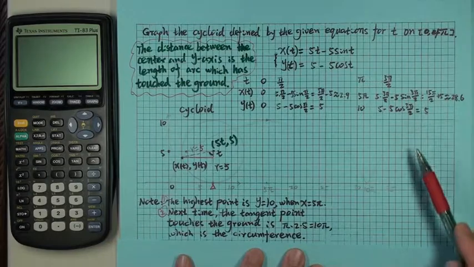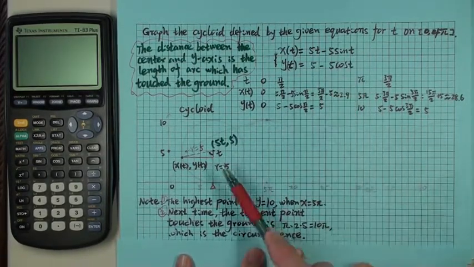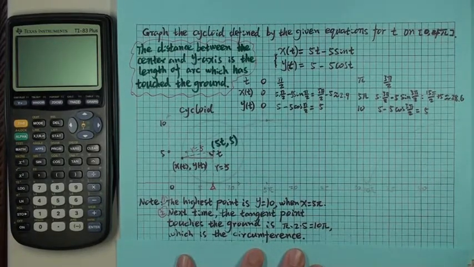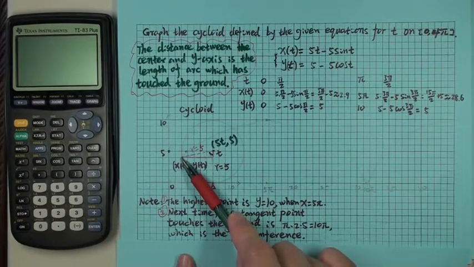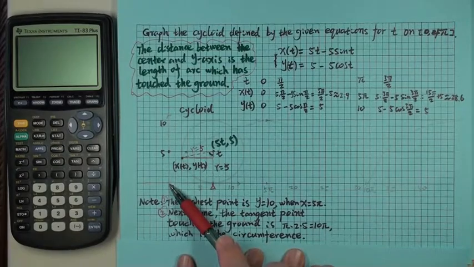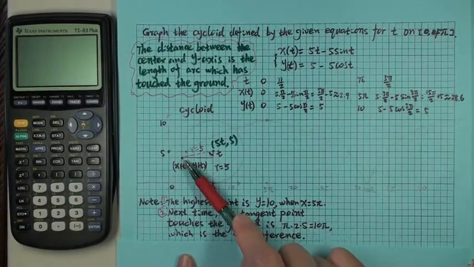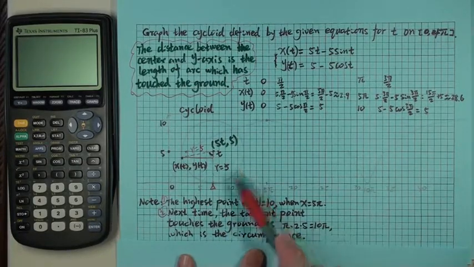You put 2 pi here, you get x is 10 pi, y is 0. I didn't put the details here, but you can do that. We can also think about it in a different way. Previously, only this tangent point was on the ground. The second time it touches the ground, every point on the circle must have touched the ground, and then this point will touch the ground again.